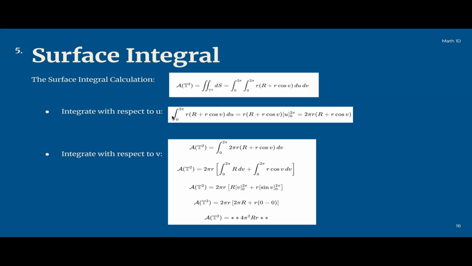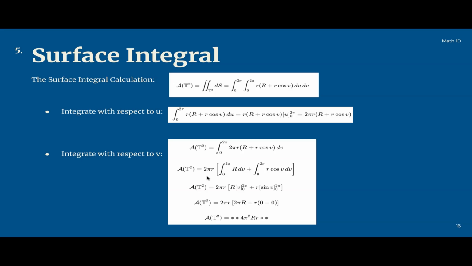Okay, now this is the easy part where we can start by just doing du, because in this function there's no u here, so it's simply 2 pi times this function here. And now we integrate with respect to v. Now we did the integral with respect to u, now we do v, and we can just do that.